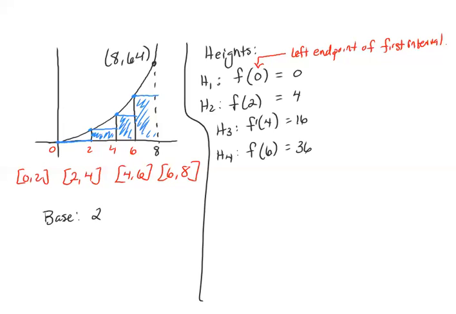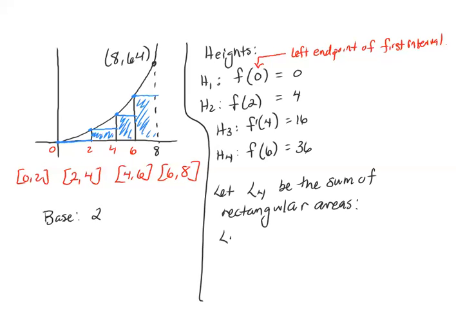So I have the base of each rectangle and I have the height of each rectangle. I can write an expression for the approximate area using that breakdown. Let L4, instead of R4, be the sum of the rectangular areas.